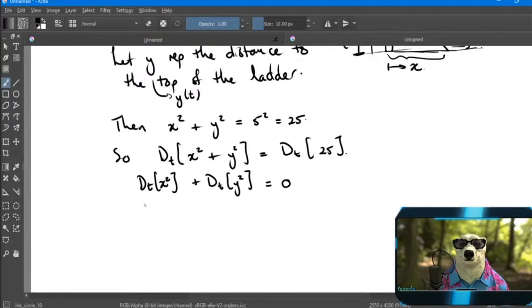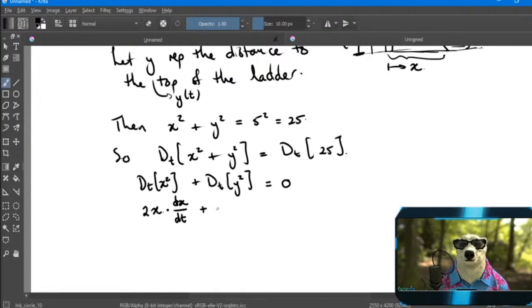So the outside function is x squared, derivative is 2x, times the derivative of the inside function, dx dt. Second one is very similar, but I'm a little bit more comfortable with y being a function itself. The little trap potentially was the x.